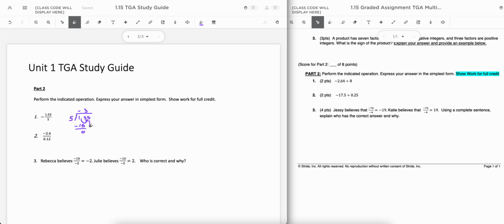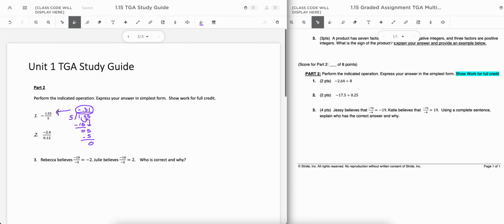Bring that other 5 down. And you now have a 5 down here. 5 can go into 5 1 times. And I forgot to put my decimal right there earlier. Okay, and 0 left over. So your answer is negative 0.31. Okay, that is for number 1.